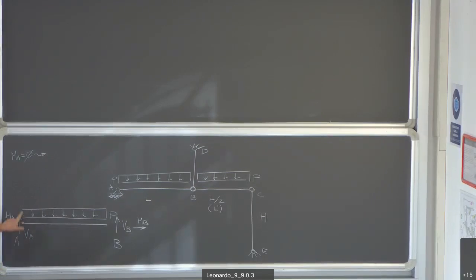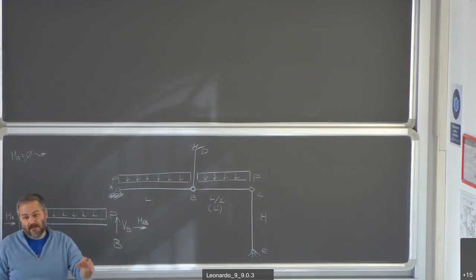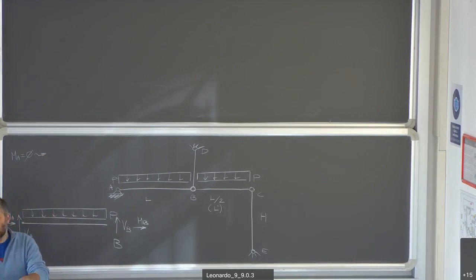If the force passes through the point which I use to write the rotation equilibrium, then the lever arm is 0, which means the moment is 0. So, no contributions whatsoever from these two forces, HA and VA.